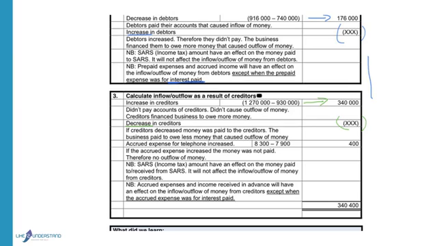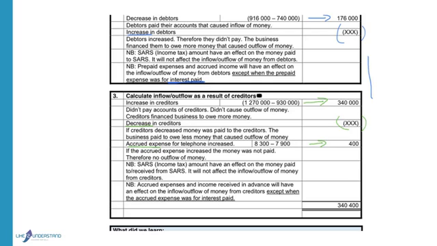If accrued expenses increase, it means that the money was not paid out to pay for the expenses, so it is a positive figure. If accrued expenses decrease, then it means more money was paid, then it will be in brackets.